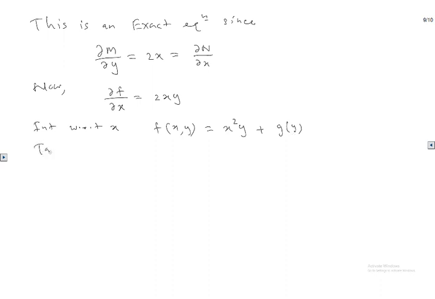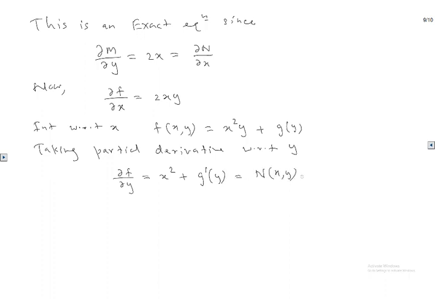The partial of f with respect to y is x squared plus g prime of y. You set this equal to N, which is x squared minus 1.